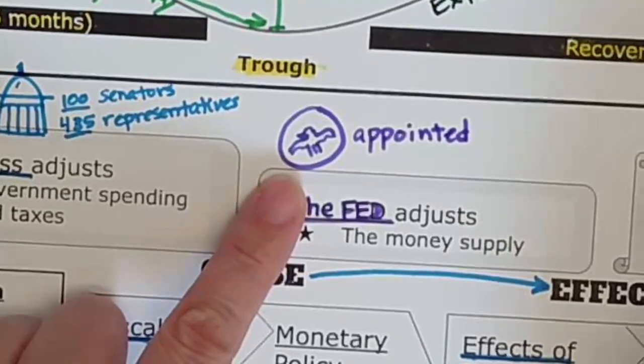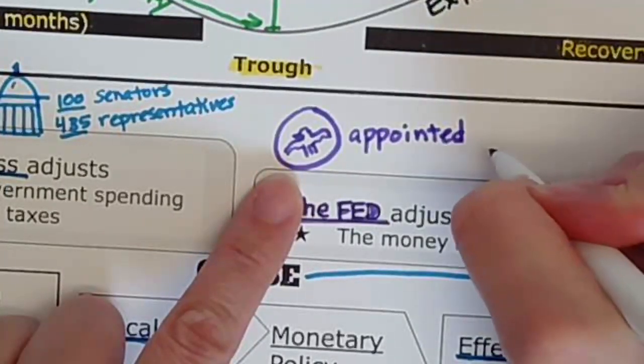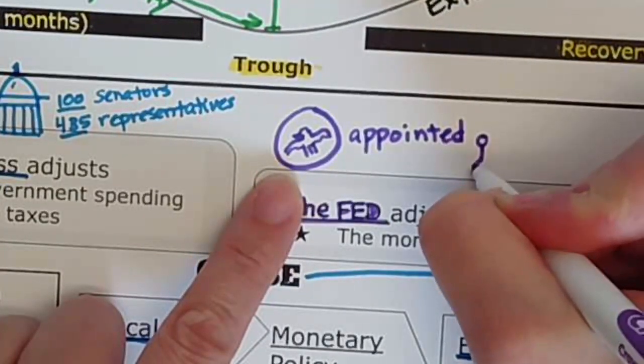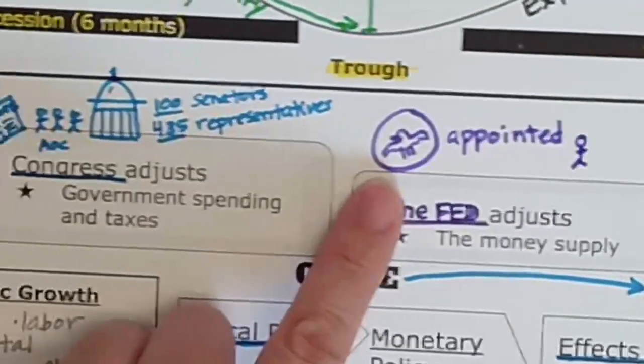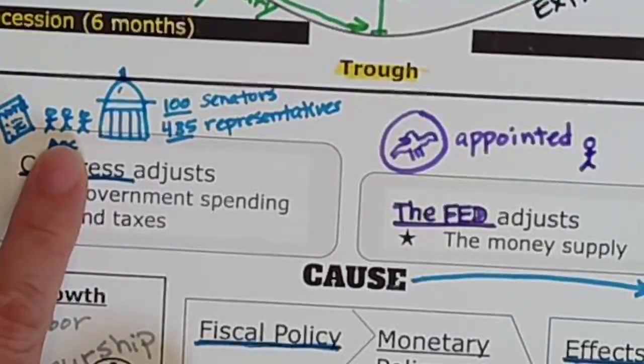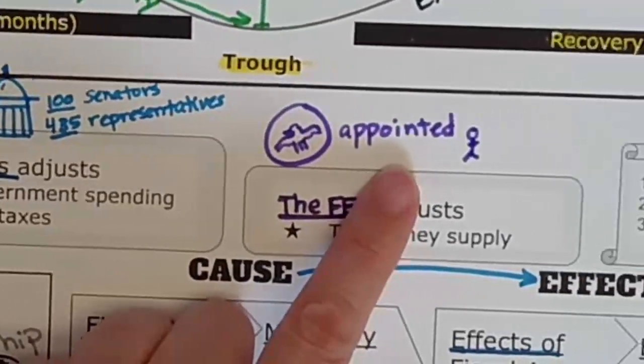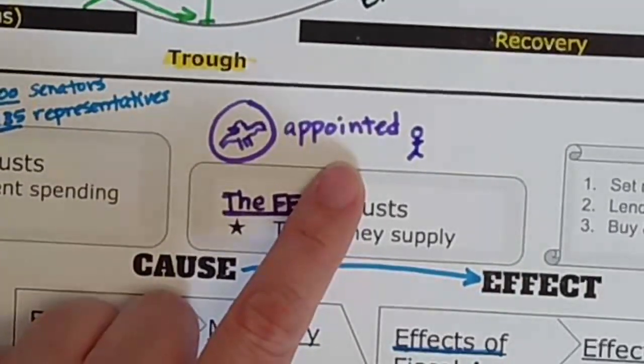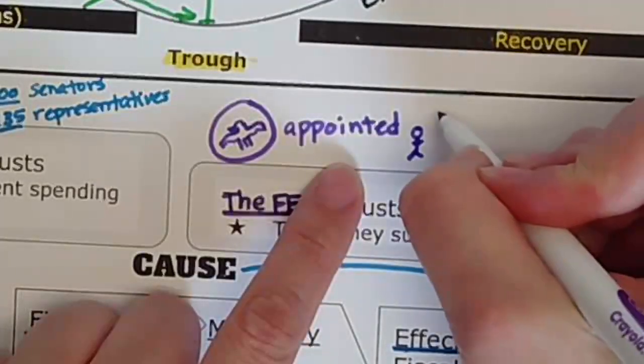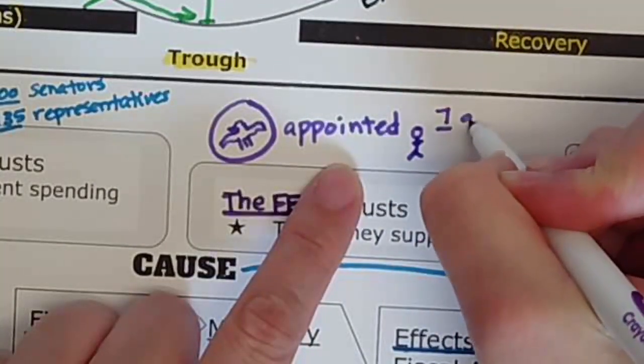The Fed is also not as many people. So I'm just going to draw one person here, where over here I had multiple people to represent my 535 people in Congress. Over here, for the Fed, we're really talking about 7 governors.